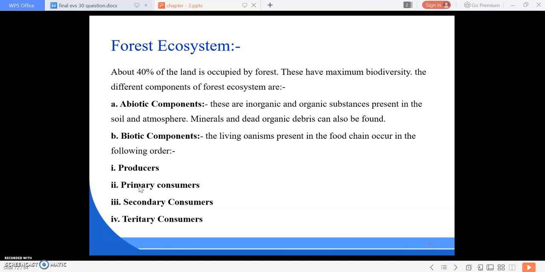So what do you mean by producers? These are mainly trees, with much species diversity and a greater degree of stratification, especially in tropical moist deciduous forest. Northern coniferous forest has evergreen trees, especially spruces, firs, and pines, with poor development of shrub and herb layers.